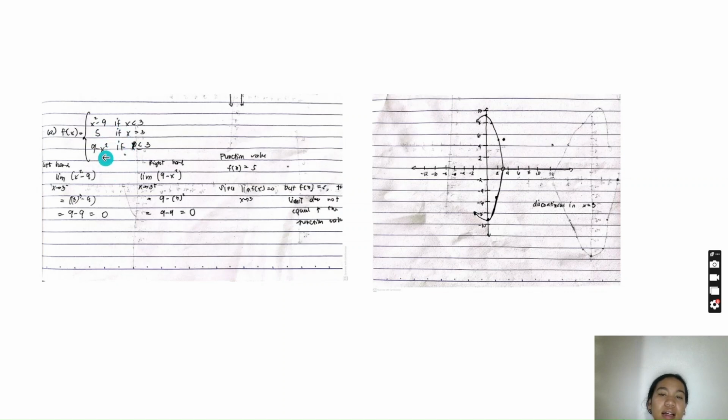So the ordered pair is 2 and negative 5. So I locate it here at negative 5 and then try more values that are less than 3. So this is the graph of x squared minus 9. And then this is the graph of 9 minus x squared, trying all the values that are greater than 3. And of course, here I have shaded 3 and 5, our function value, because of which there is a discontinuity.